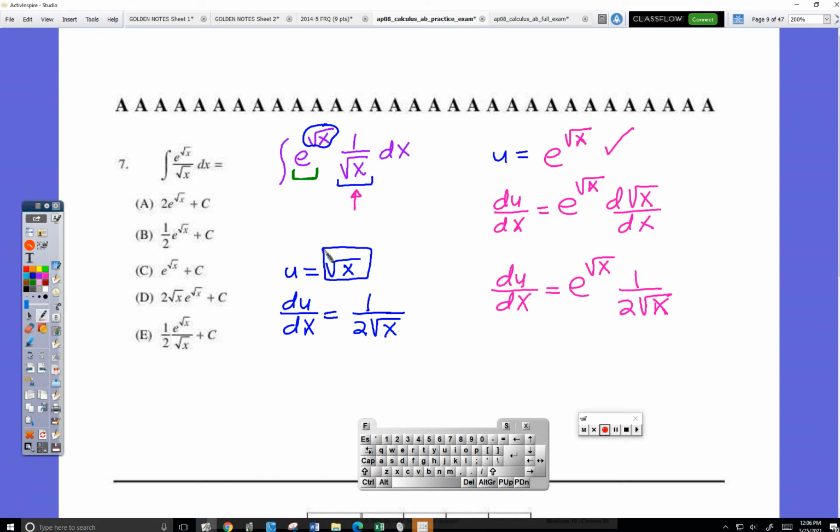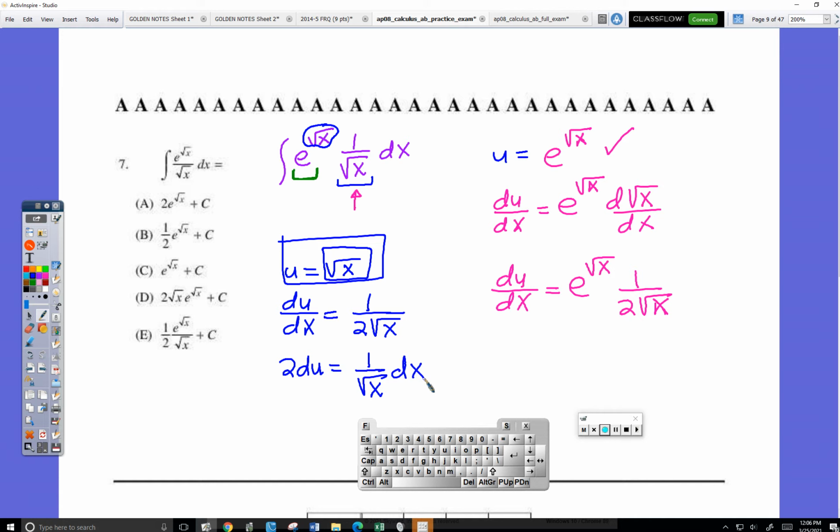So, ready? Awesome, so this is the correct choice of u. We do some rearranging here, and we're going to get 2 times du is the same thing as 1 over root x dx. Questions? So now we're ready to make our substitutions.